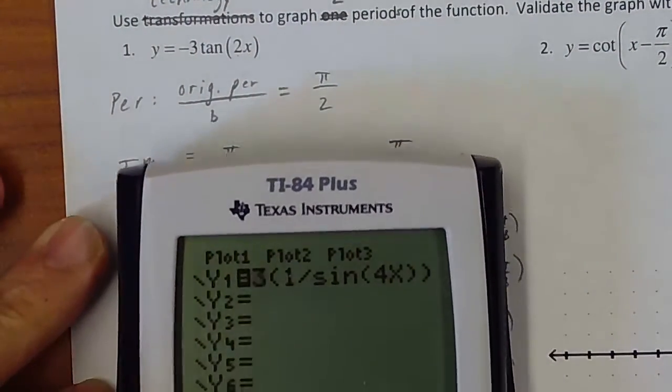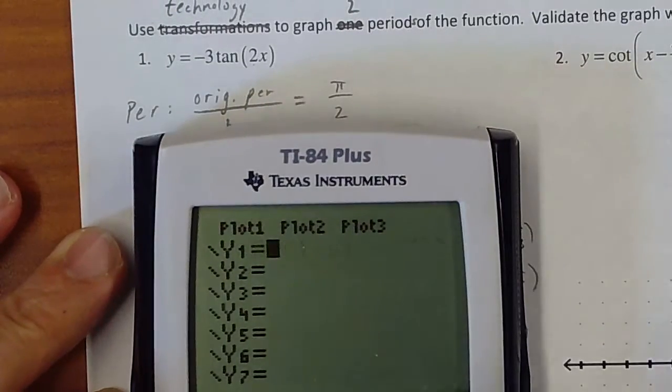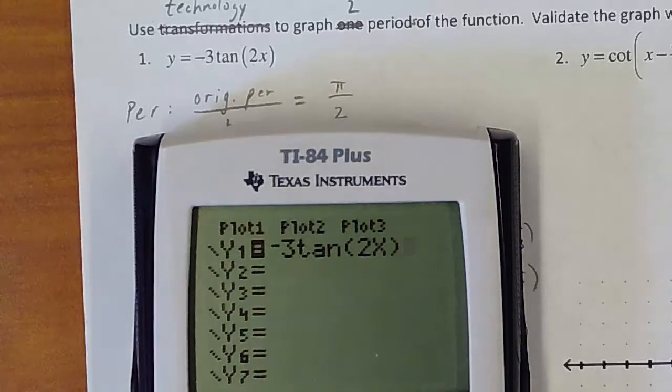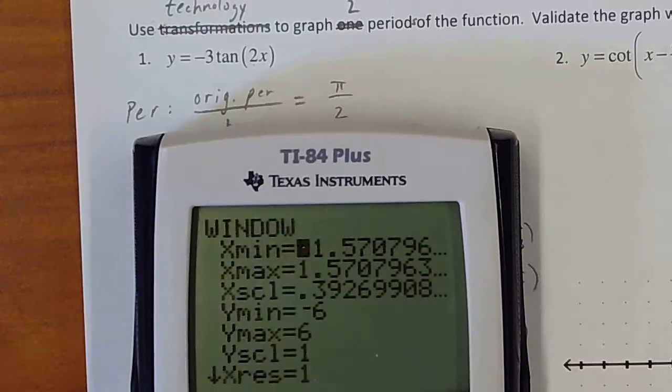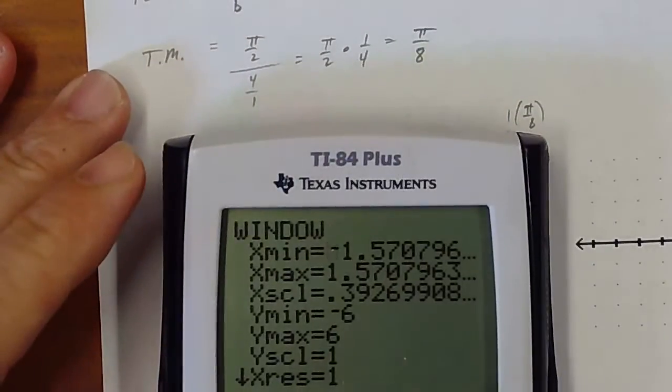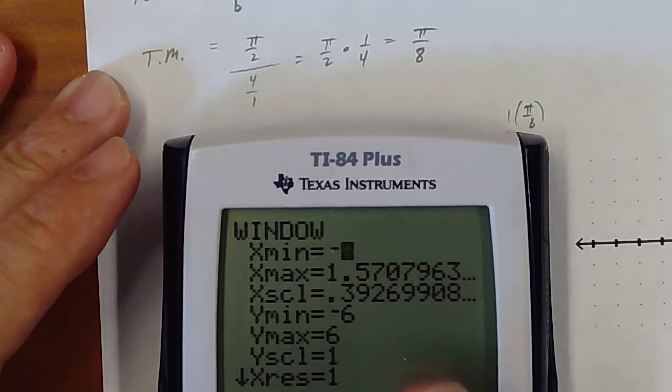All right, so go to your y equals. Make sure we get the right function in there right away. So I've got -3. My tan button is right in the middle next to sine and cosine. 2x. Okay, let's set up our window. So I've got -pi/2. We'll change it to decimal form once I hit enter.